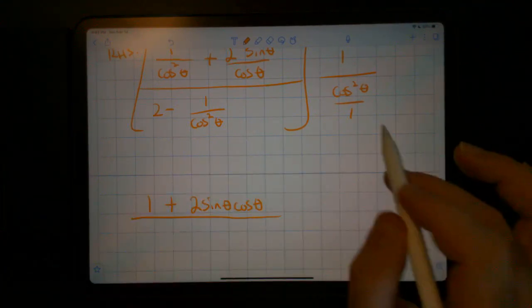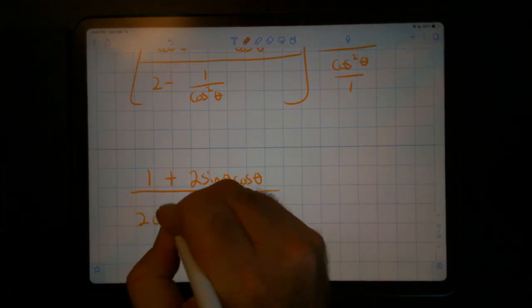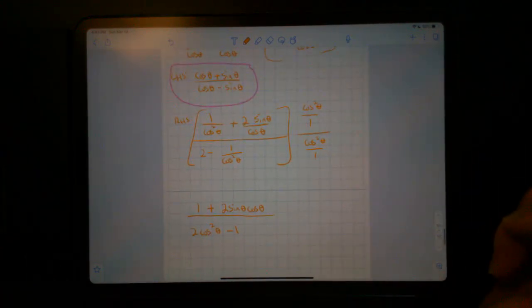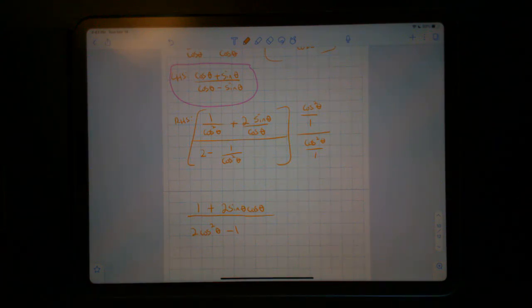And then for the denominator, all right, let's see where this goes.